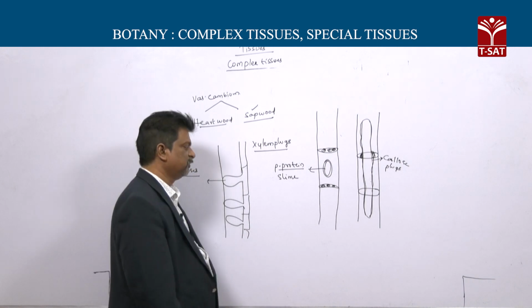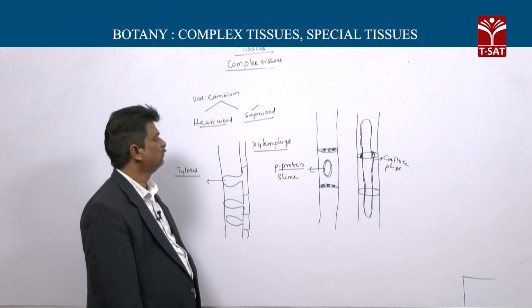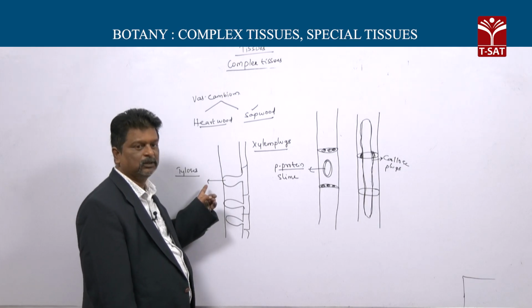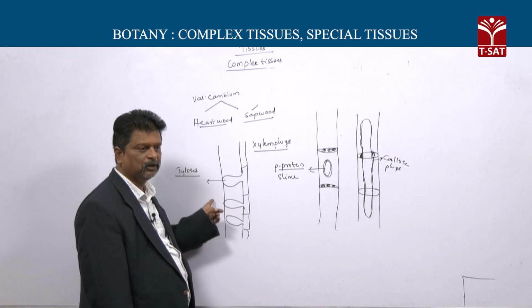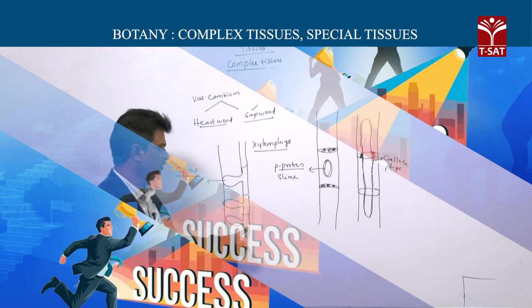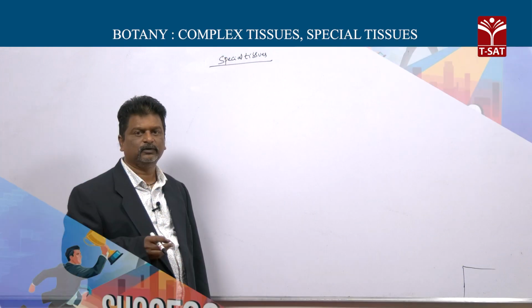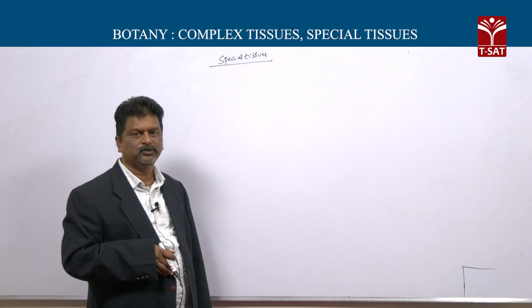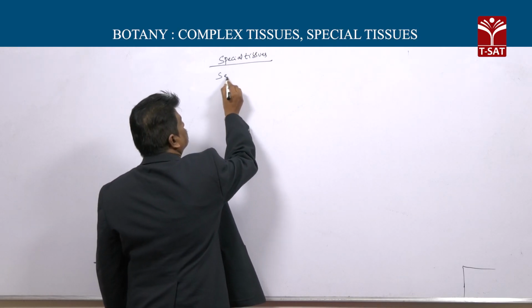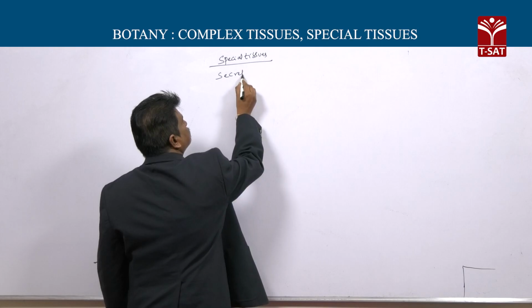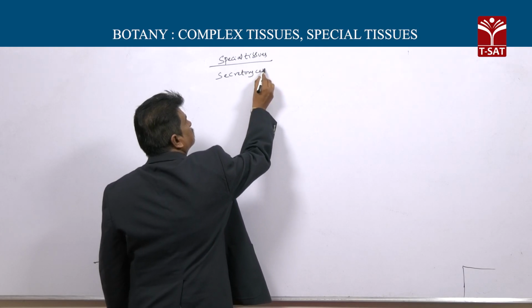This is additional information for xylem and phloem, because last year in NEET, these xylem plugs or tyloses question was asked. Next type of permanent tissues, special tissues. Special tissues, also called secretory cells.